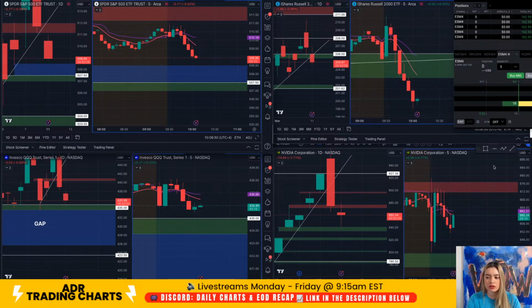Okay, Apple looks like it's gonna lose the VWAP. That is gonna help the SPY going lower. Let's see.